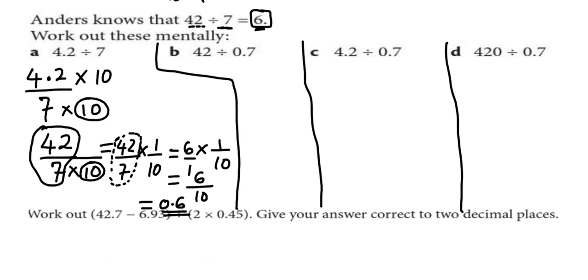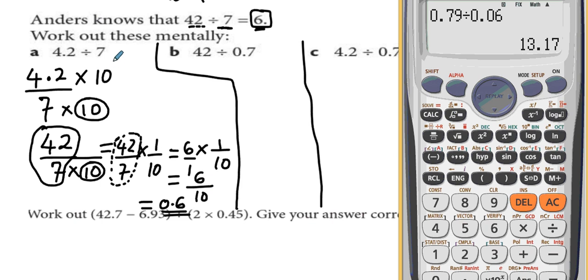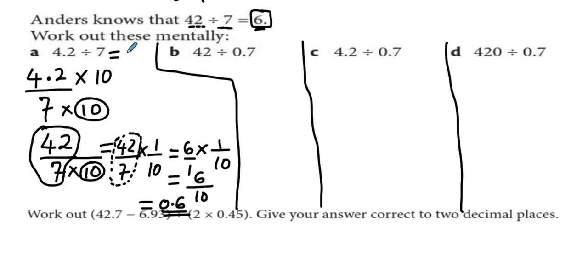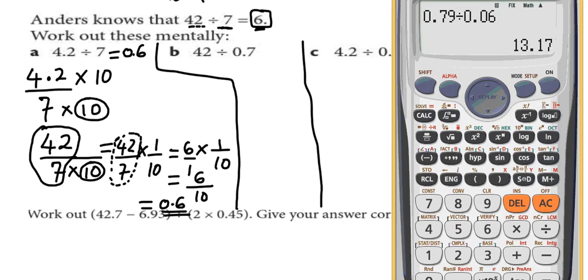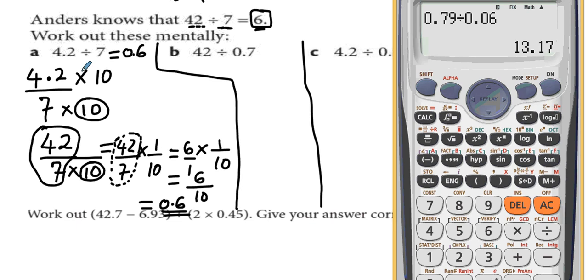And you can check that using a calculator. So here, the answer is 0.6. You can check that using a calculator. Take your calculator. So do 4.2 divided by 7. I'm getting 0.60.